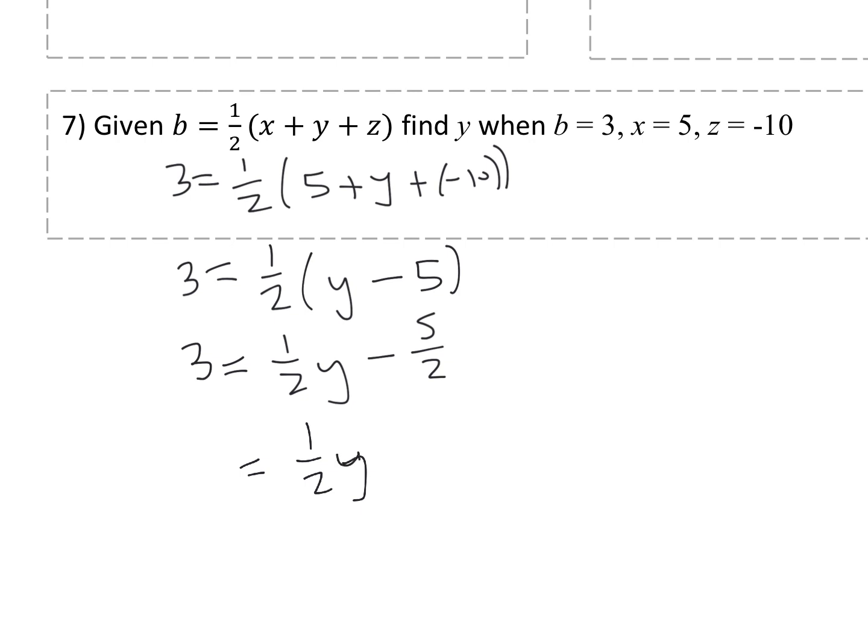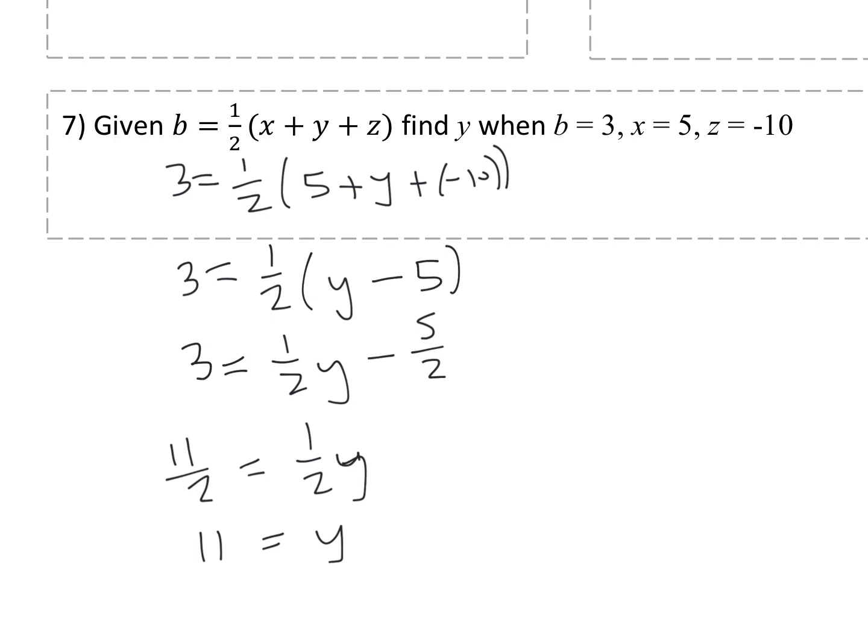If you add 5 halves, you would get 5.5. Might just be easy just to keep it as a decimal if you prefer. A mixed number is not great when you are still doing a calculation. So 11 over 2 might be best. And then finally, if half of y is 11 halves, if you double both sides, you get that y is 11 halves times 2, which is just 11.